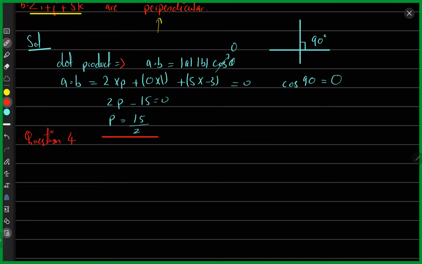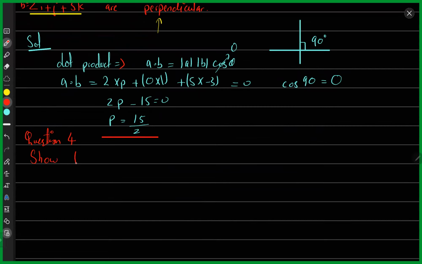One last question. Question 4. Show that the vectors qi minus j plus k and i plus q plus 1 j plus k are perpendicular.